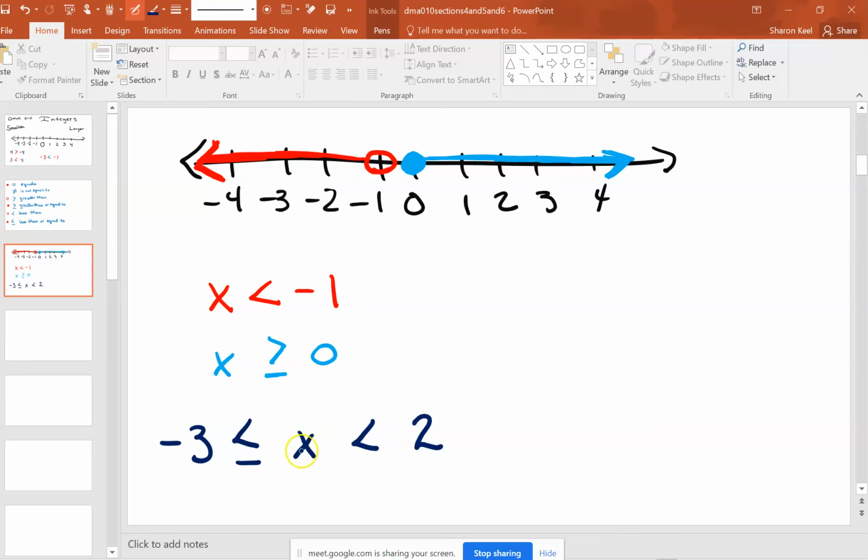If x falls between those 2 points, I'm going to go to my -3, and since I have the equals, I would use a solid dot at this location. It's smaller than 2, but not equal to it, so I would go to the 2 and have an open circle, and then I would shade what is in between our 2 dots, between the open and the solid. So that's how you would go about graphing using open or closed circles and which direction to shade.